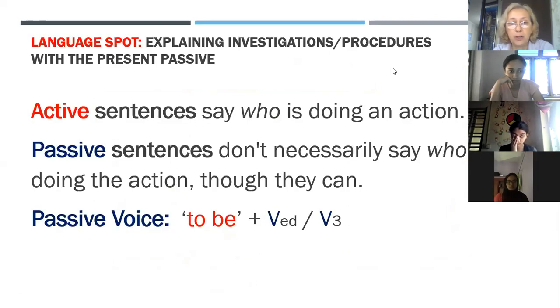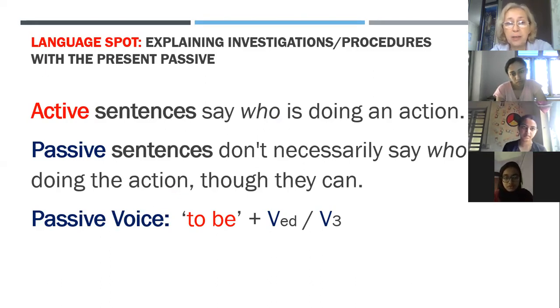So let us refresh what we remember about the passive voice. These sentences are used in explaining investigations and procedures. Active sentences say who is doing an action, so the focus is on the person who does the action. Passive sentences don't necessarily say who is doing the action, though they can.